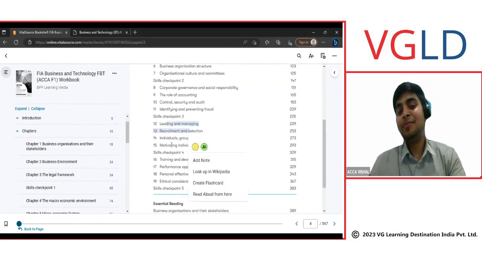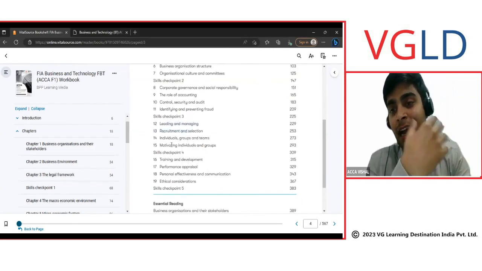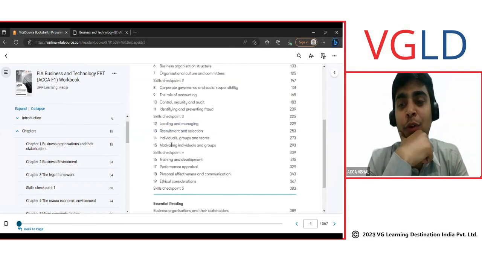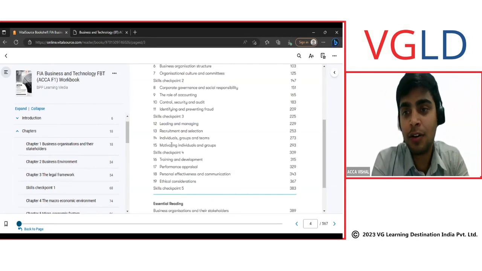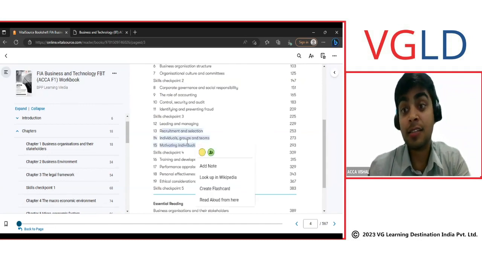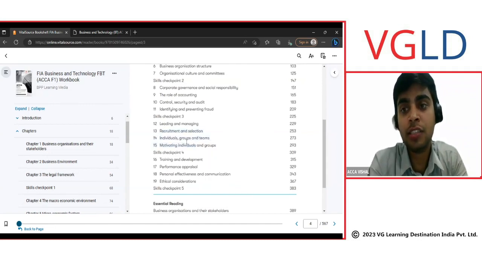Okay, leading and managing people: recruitment, selection. I hope most of you are going for a job. Some of you may go for a business, consultancy or freelancing, but many of you are going to be exposed to the corporate world, to jobs. So we'll be covering these pieces, and this is very important for an organization to run, because an organization is just something on paper.